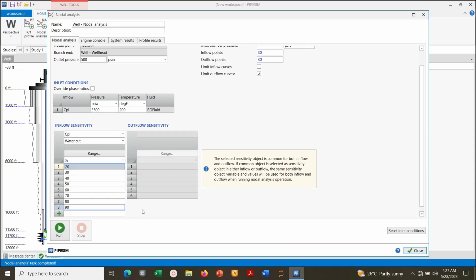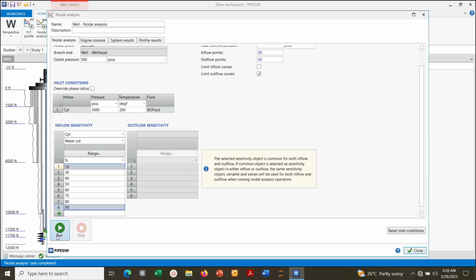We want to see what will be the performance of this well when the water cut increases to 30, 40, 50, 60, and 70%, and know whether the well will still be producing at that point.